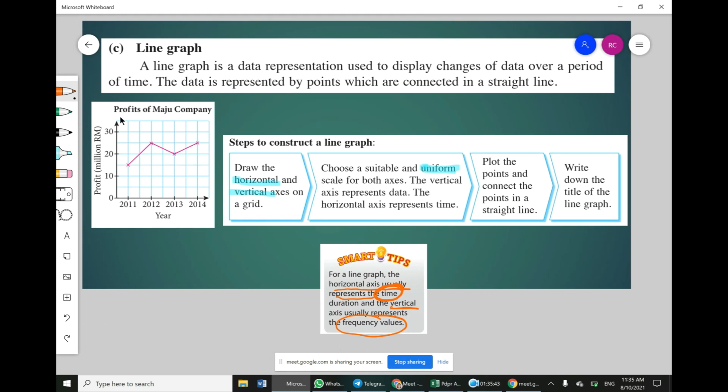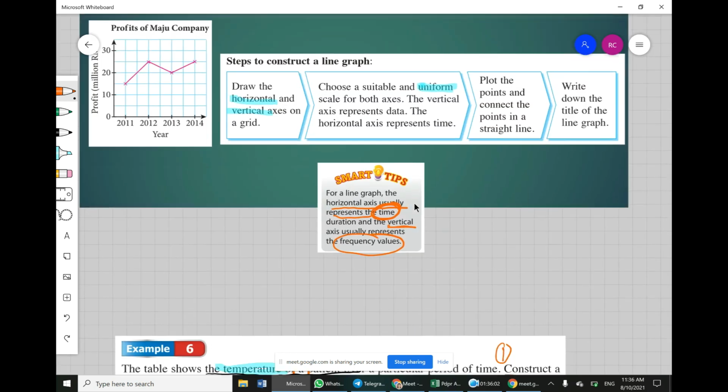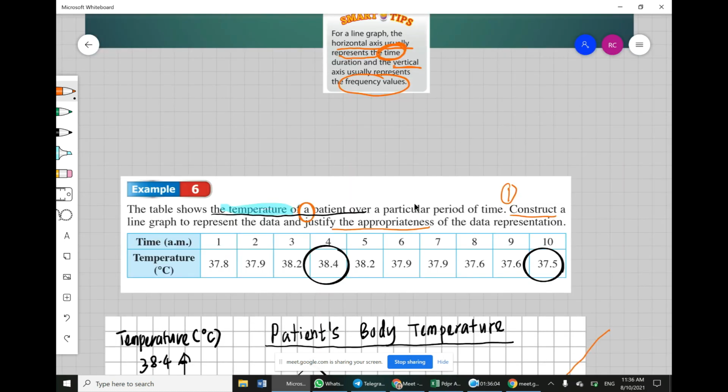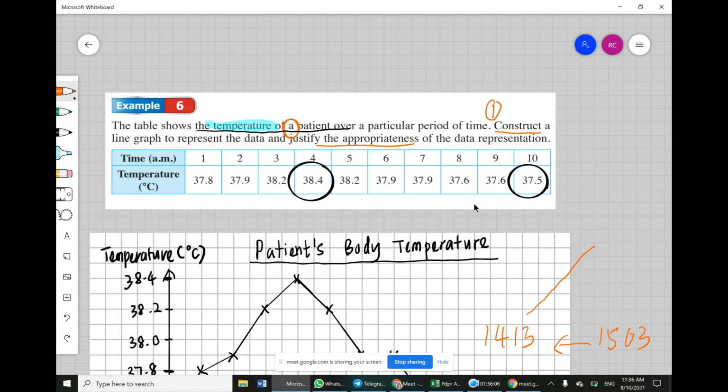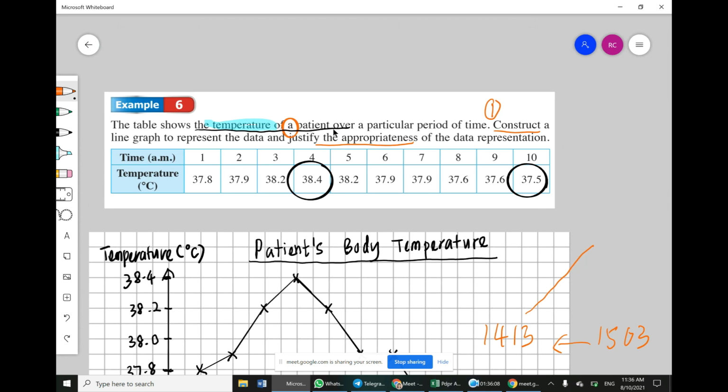Y-axis, okay? So you have to choose a uniform scale to represent both of the axes. Then you plot all the points, join them up using a straight line, using the ruler. Last thing, you write down the title. And make sure when the question asks you to do the justification, you remember to do the justification, especially this part, justify the appropriateness.